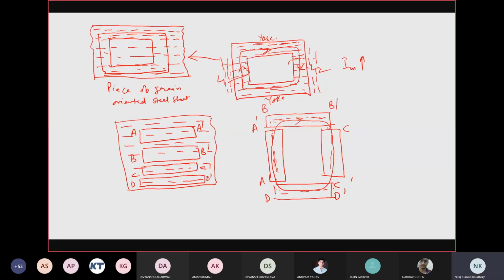So in this case, this is valid except for the corner regions, right? So in this case, the magnetizing current will be comparatively lesser than in the previous condition. Okay? Did you understand what I am trying to say?